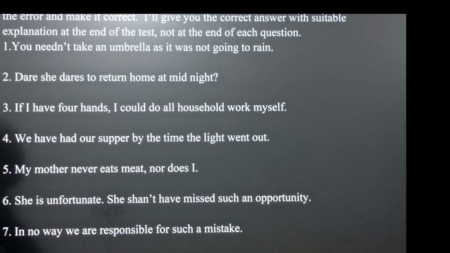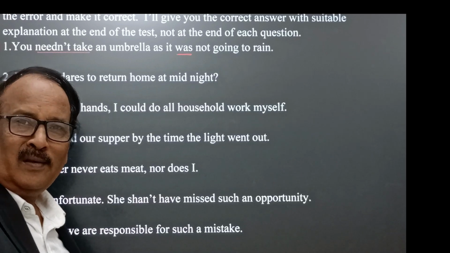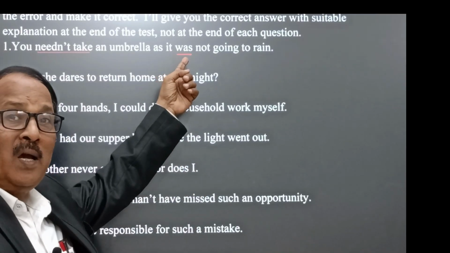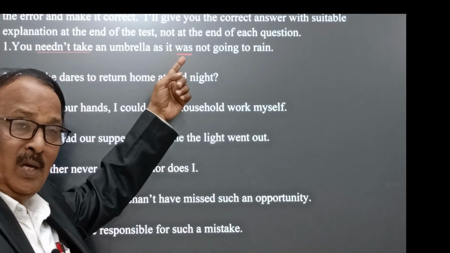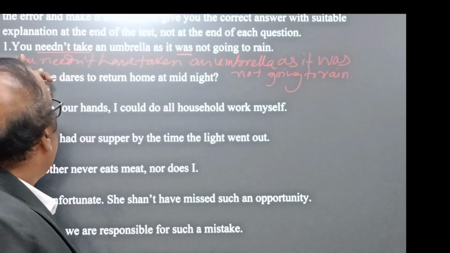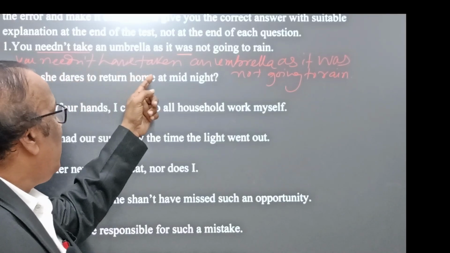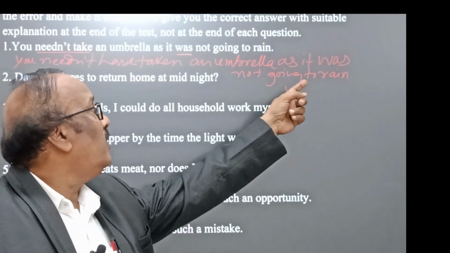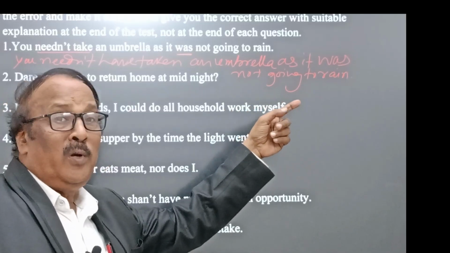You needn't take an umbrella as it was not going to rain. Remember, here needn't take is the wrong answer because the question is in past tense and past time. Therefore, the correct answer is: you needn't have taken an umbrella as it was not going to rain.